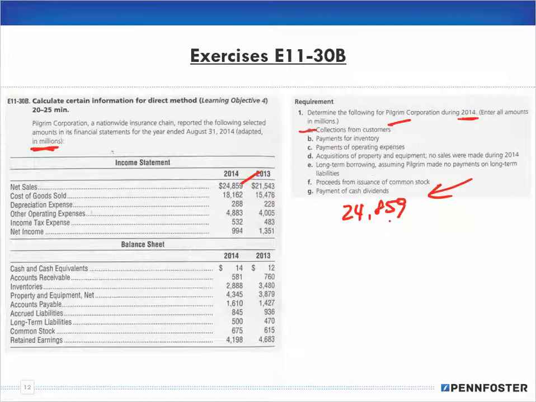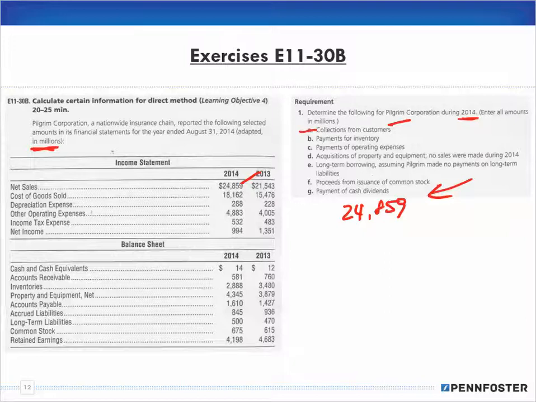I have to sell something. So that's the base number I'm working from. If they paid strictly in cash, then I get 24,859,000 in cash, but I'm not getting strictly cash, so I have to consider my accounts receivable and my collections on that accounts receivable.